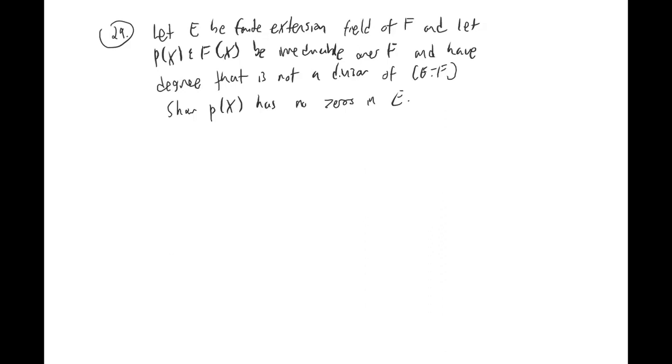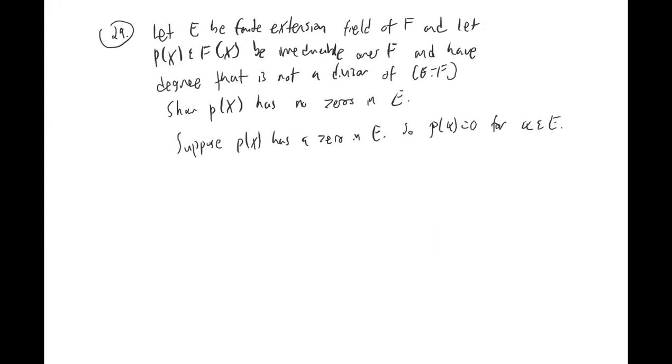Suppose P(X) has a zero in E. So let's say P(alpha) equals zero for alpha in E. Then what?